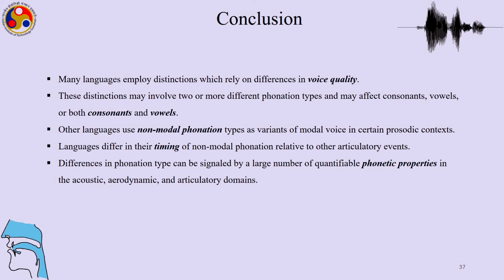Other languages use non-modal phonation types as variants of modal voice in certain prosodic contexts, and languages differ in their timing of non-modal phonation relative to other articulatory events, and differences in phonation type can be signaled by a large number of quantifiable phonetic properties in their acoustic, aerodynamic and articulatory domains.